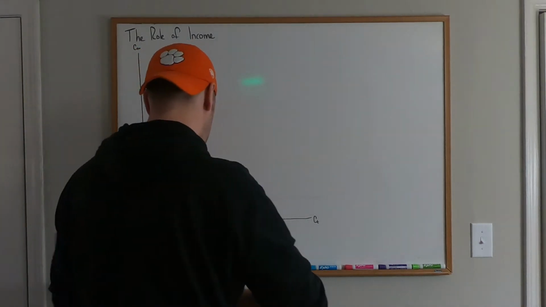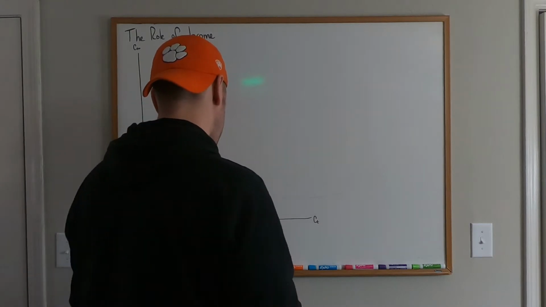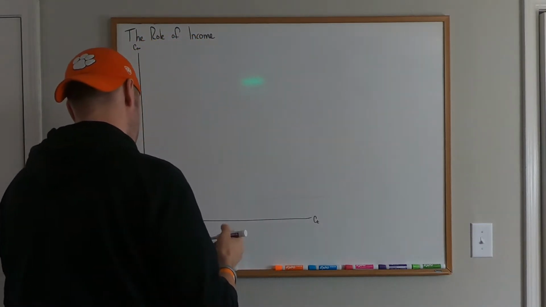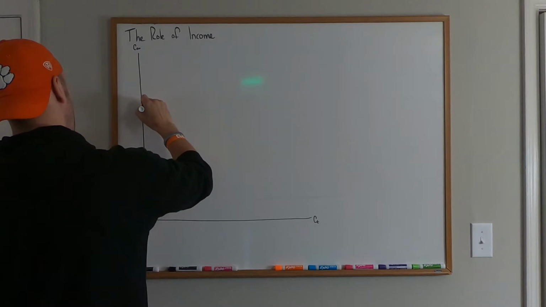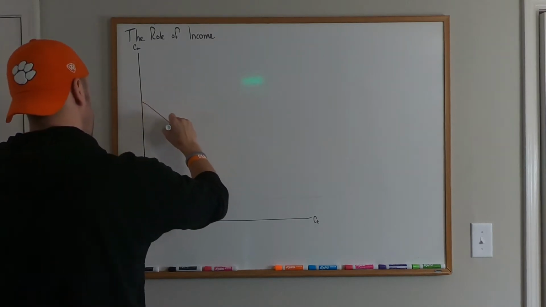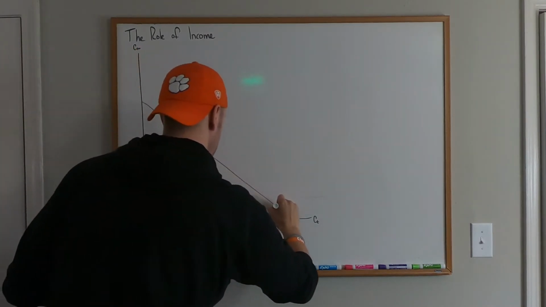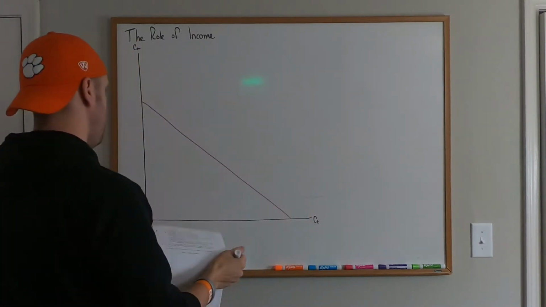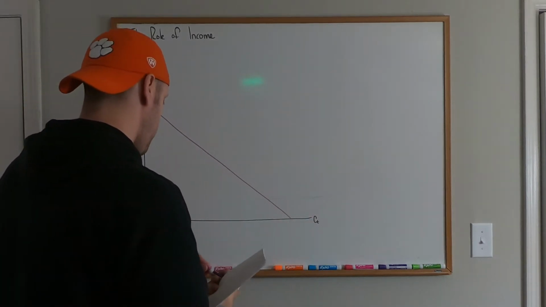We learned about the agent's lifetime budget constraint. It's supposed to be a straight line, straight enough for me. Not perfect, but oh well.